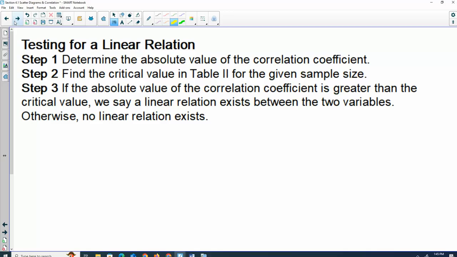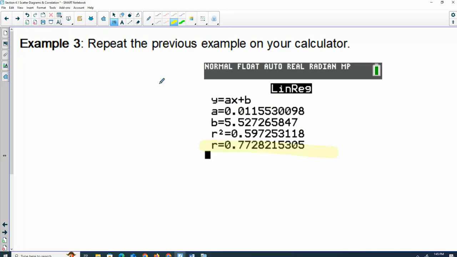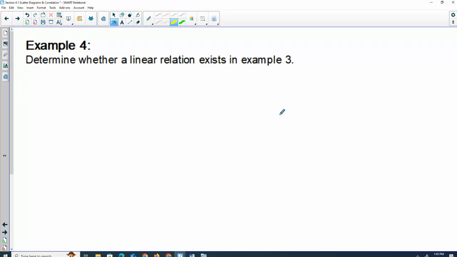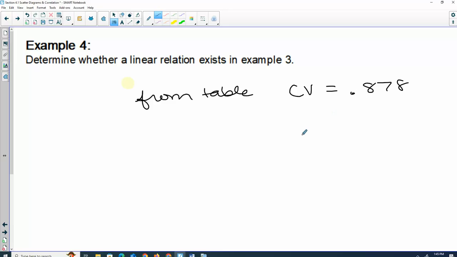Alright, so that's how we will decide if something is linear or not. So would this one be good enough to be linear? Sorry, the one you guys had? 0.94, yes. Okay, so our answer here, this was example 4. So I would write down from the table the critical value was 0.878.